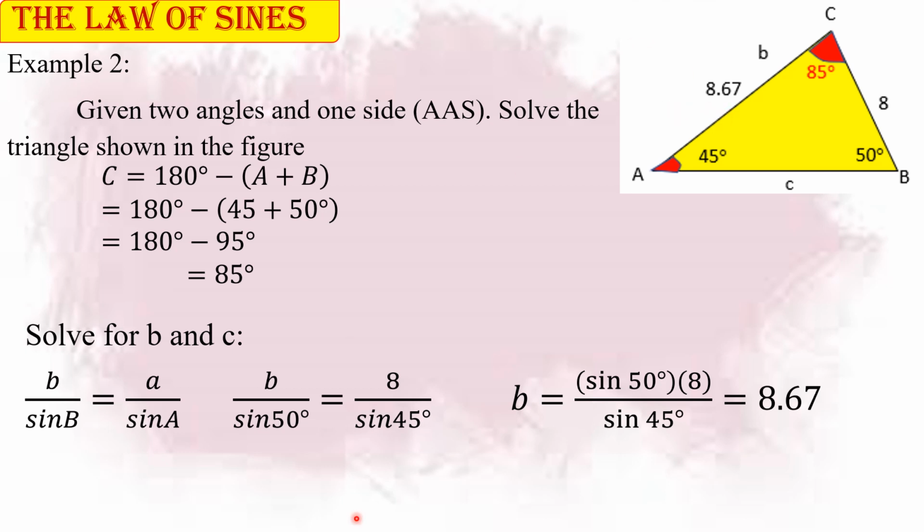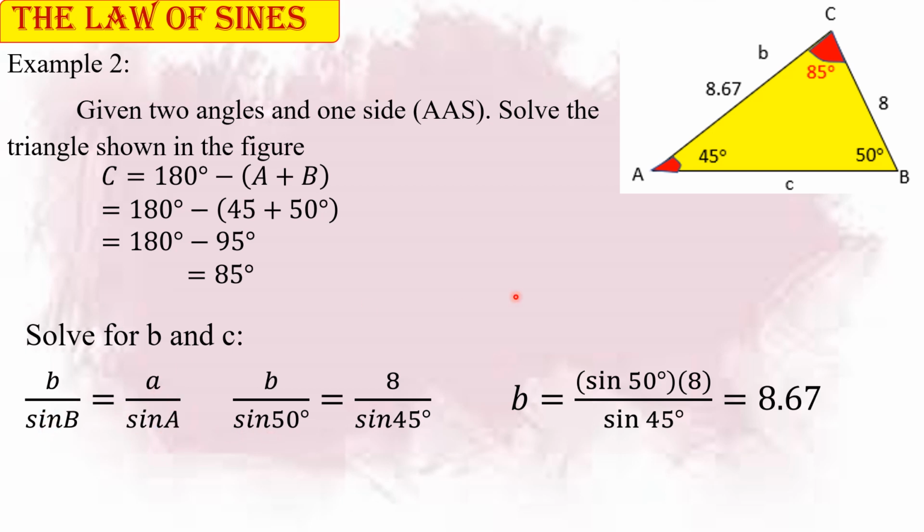Okay, so let's solve for B and C. Let's try first the side B. Okay, so B over sine B, and then why am I going to use the A? Because yung C natin is also unknown. So we will be using the side A dahil mayroon na siyang measurement. Okay, then let's proceed now in substituting the values of the sine B, A, and sine A.